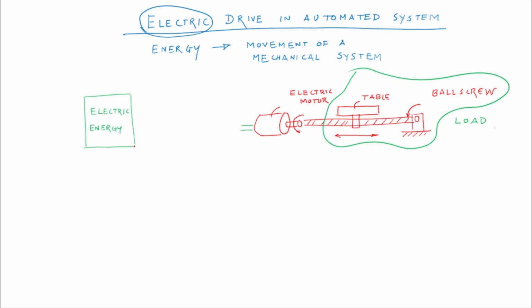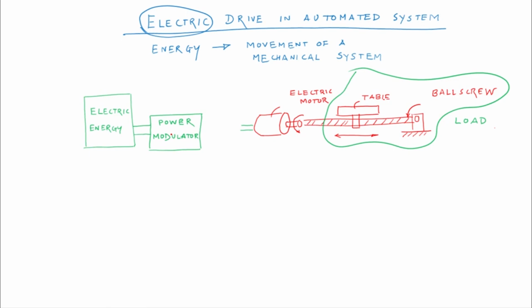But we do not give the electric energy directly to the motor, because we are controlling its speed. So we should have a power modulator, because we may need various levels of power for a variety of operations.